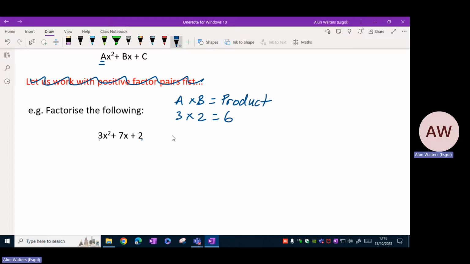So we need all the factor pairs that multiply to give you 6. And then we need the total.